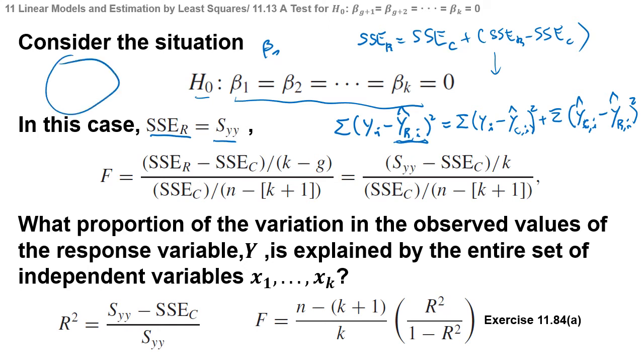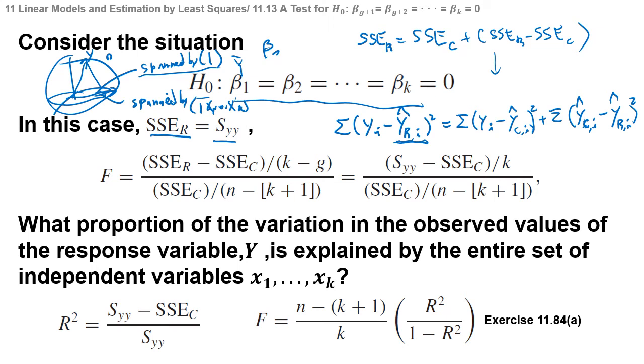So we have an n-dimensional space, the complete space, which is spanned by 1 and x1 to xk, and in the reduced space it is spanned by 1. And so if we project our y to the space spanned by 1, actually this is y bar.